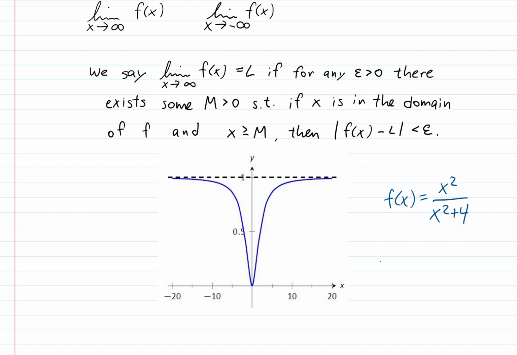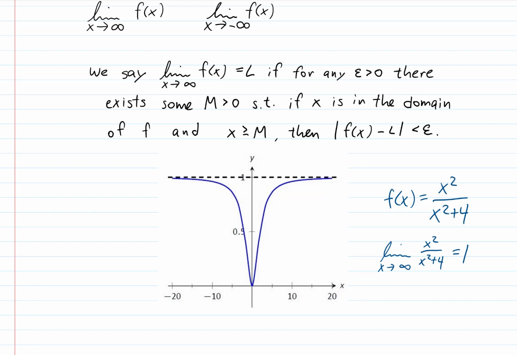In this case, the limit as x goes to infinity of our function equals 1. We can see that in the picture. I'll show you in a little bit how to actually calculate that. It's actually extremely simple.